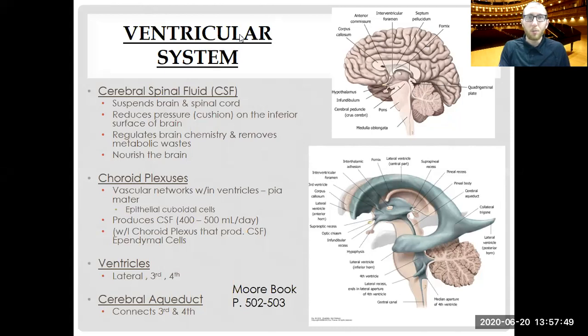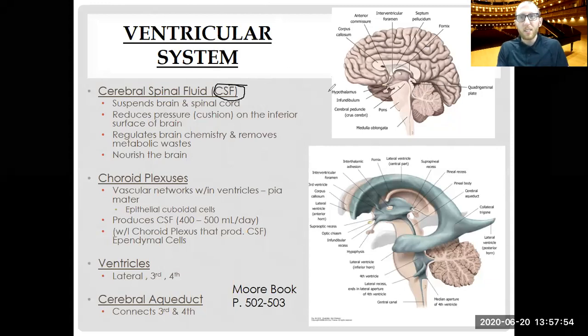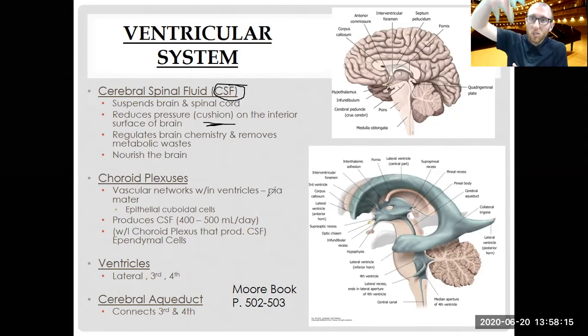That cerebral spinal fluid is within the ventricular system, and it fills up different areas and allows the brain to essentially float or be cushioned by the inferior surface. The brain is decently heavy, not super heavy, but enough that it will push down on the skull and on other structures and could cause some damage. So this cerebral spinal fluid acts as a cushion from those areas.